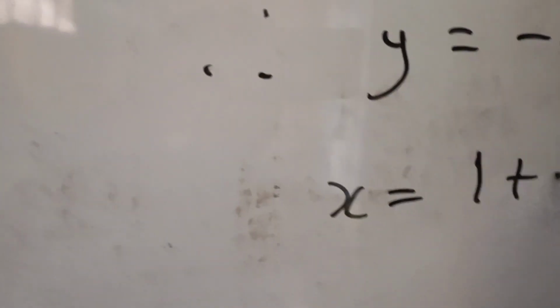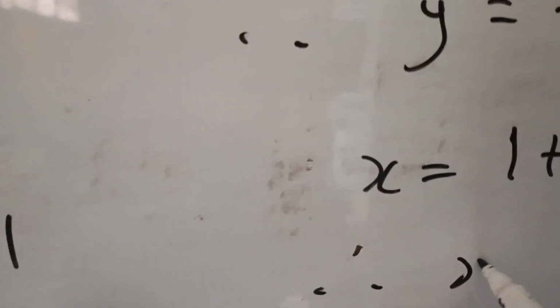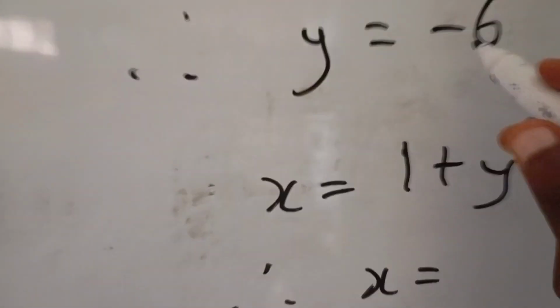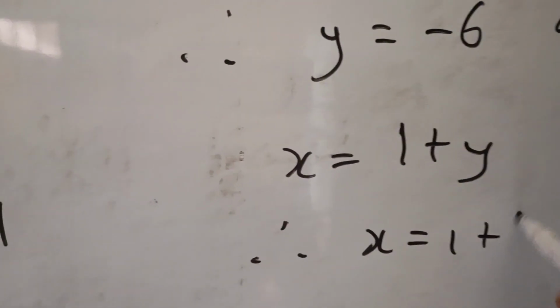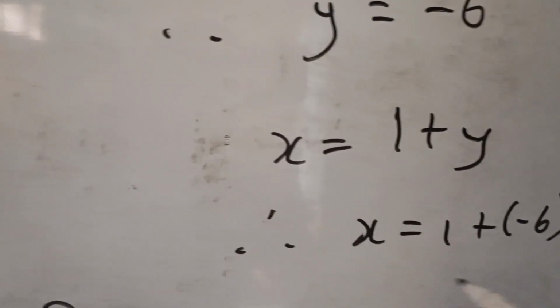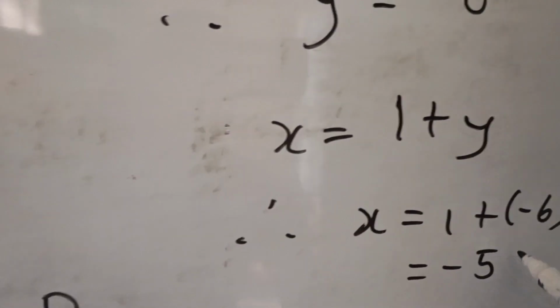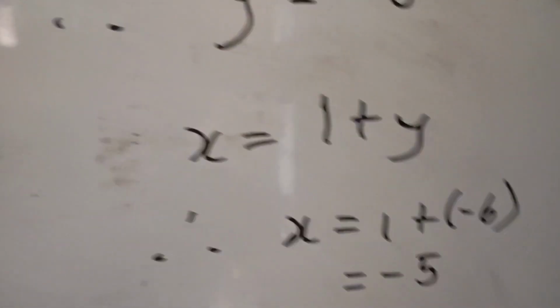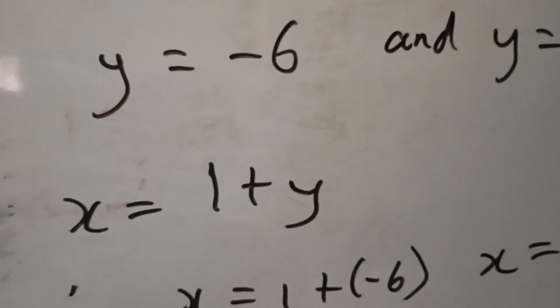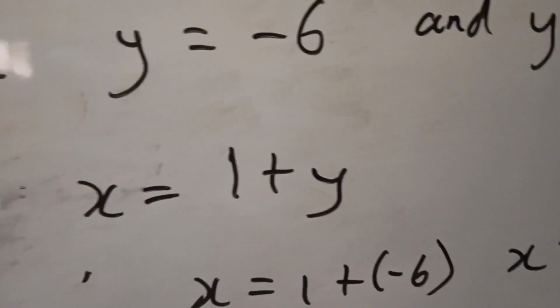Now with that, remember we said that x is equal to 1 plus y. Therefore, x then will be, when y is negative 6, 1 plus negative 6, and that's equal to negative 5. And when y is equal to 5, we're going to have 1 plus 5, and then x will be equal to 6.